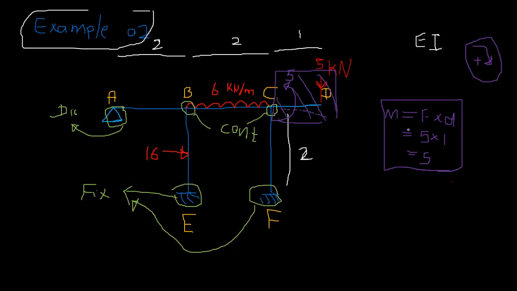You know the value M, that is MCD, and MDC is the free end. You know the free end cannot bend, so it's 0. So you don't need to worry about that.